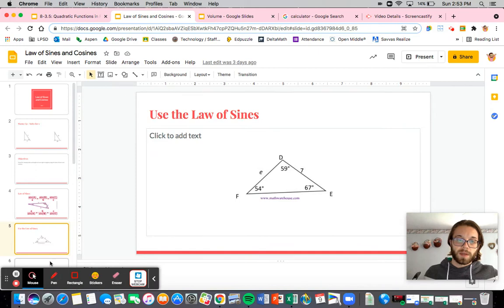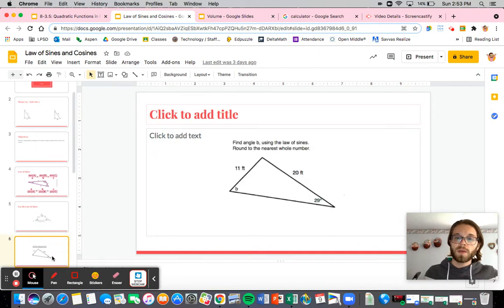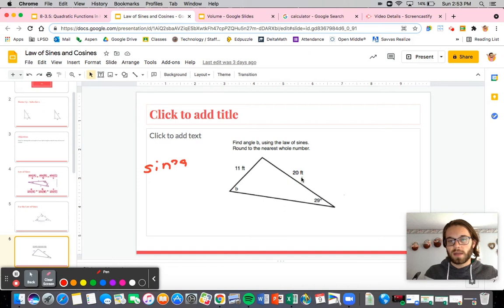All right, let's do another one. Again, with law of sines, you're largely going to be going through this process. Here we have sine 29, because you have an angle and its opposite side, over 11 is equal to sine of B over 20.